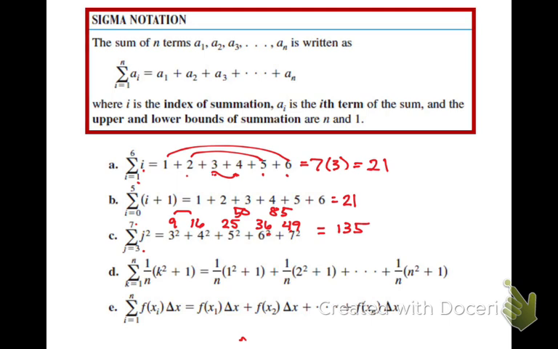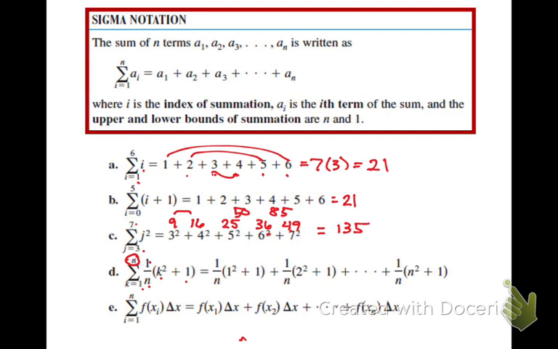So what about this next one? Whoa, doggies. What's it say? Go 1 to n, so it goes forever, right? And it's 1 divided by n times k squared plus 1. So the n is always this upper limit, isn't it?